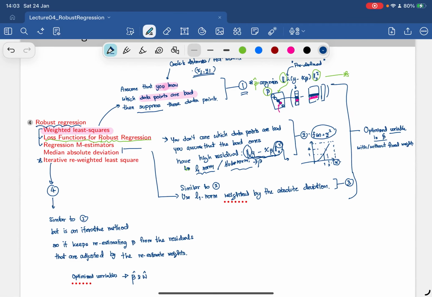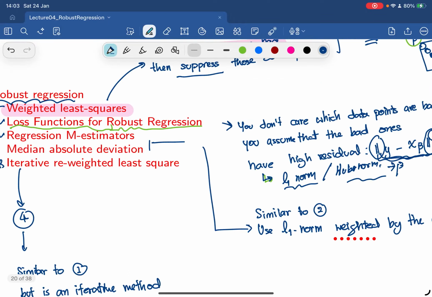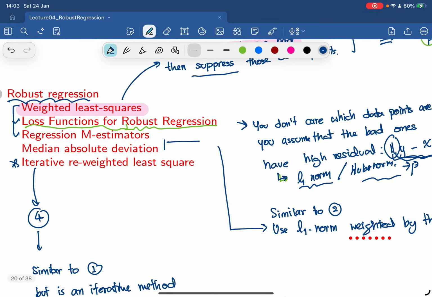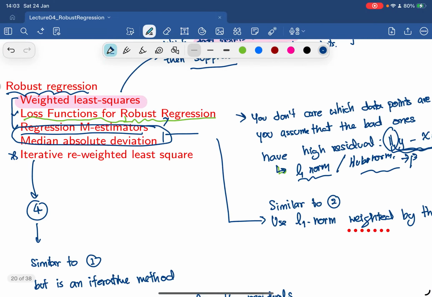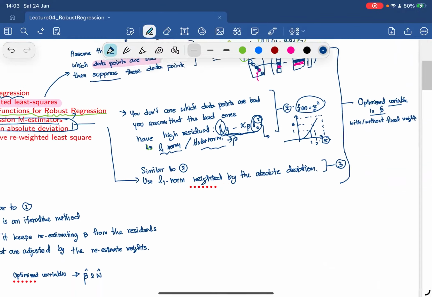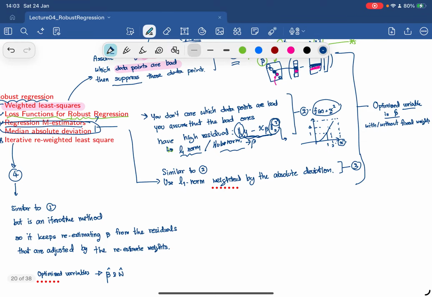And in fact, another group of methods that is similar to this is called the M estimator. And this M estimator is based on using the mean absolute deviation. In fact, what is similar to the robust regression is that they are relying on the L1 norm. But this L1 norm is weighted by some absolute deviation.